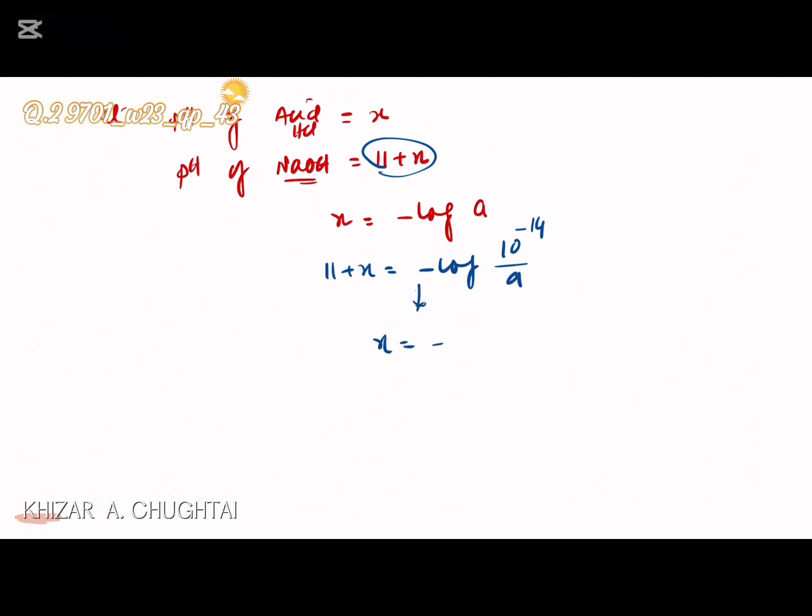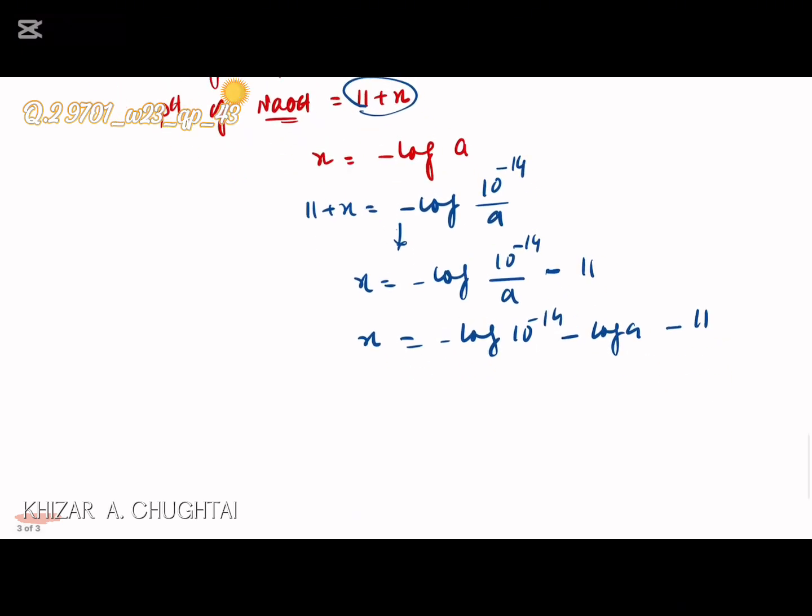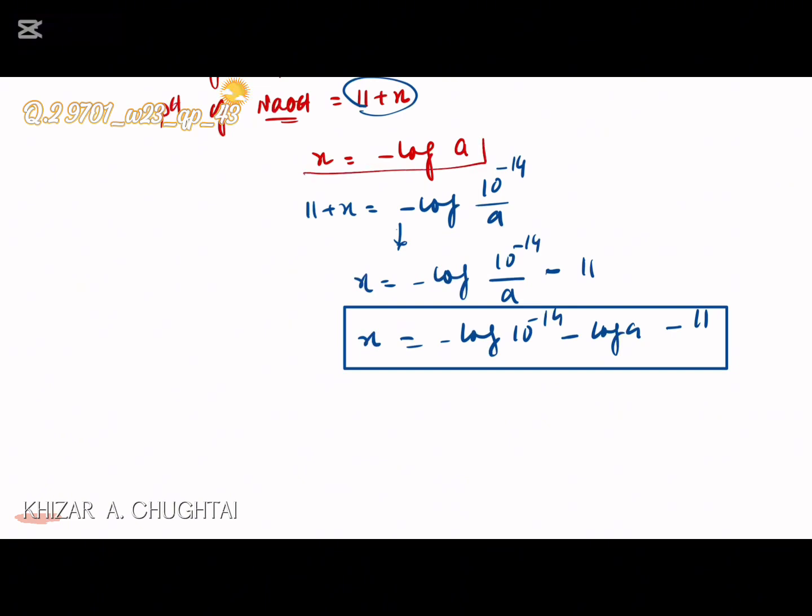Now I can change this equation like that. X is equal to minus log of 10 raised to power minus 14 over A, minus 11. Similarly, X is equal to minus log of 10 raised to power minus 14 and minus log of A, minus 11. This one equation is equal to X for the alkali and this equation is also equal to X. So these two equations will be equal to each other.